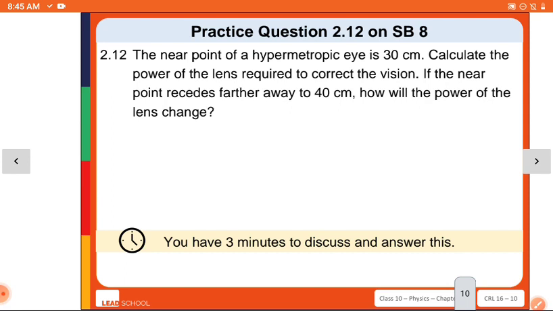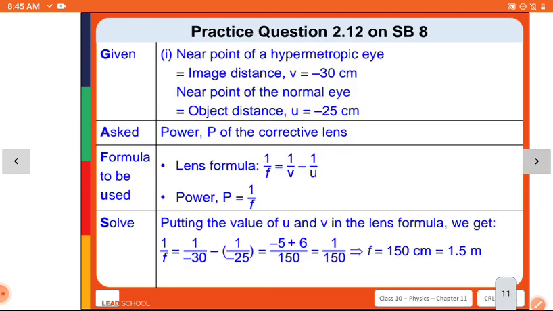If the near point recedes further away to 40 centimeter, how will the power of the lens change? First of all, write the given data. The distance of image is minus 30 centimeter, and the near point of a normal eye is minus 25 centimeter.